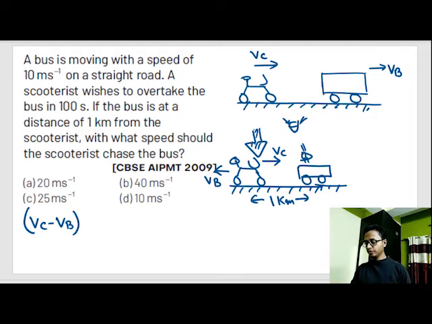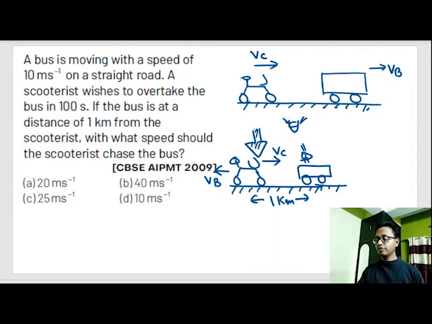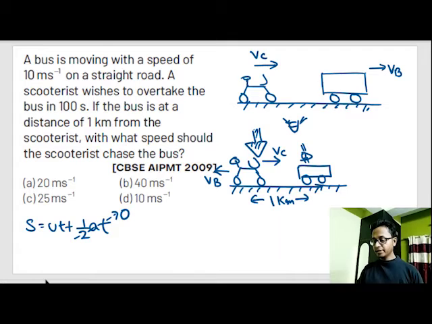The formula that you have to apply is S equals ut plus half at square. Since no acceleration is occurring in either case, this term is 0. S is given as 1 km, or 1000 meter.